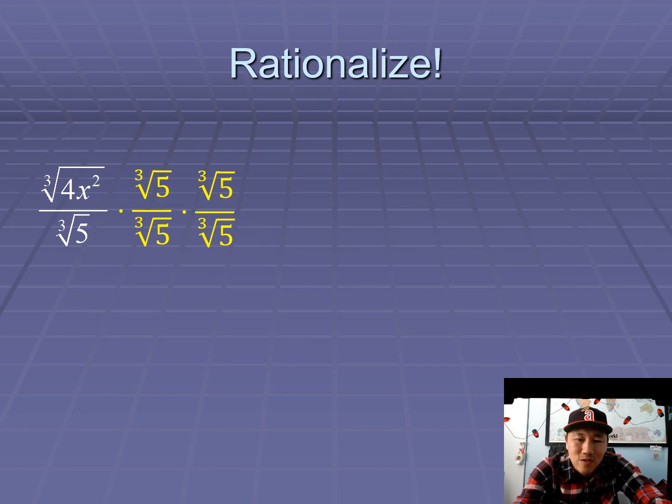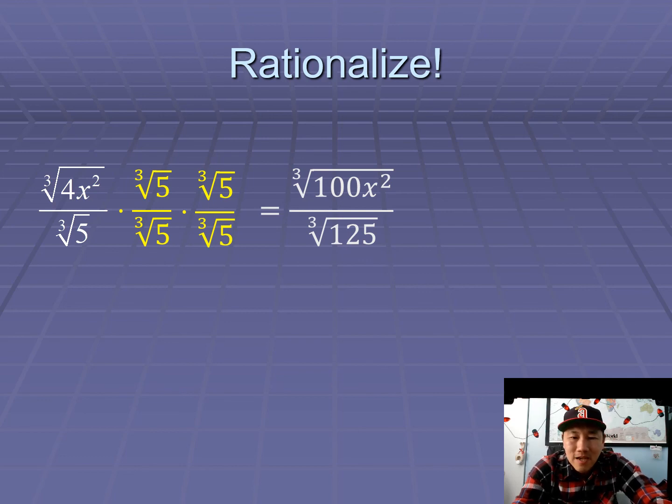But yes, you have to do it twice. And if you multiply it across, the 20 times the 5 times the 5 is 100x squared. And then the bottom, the 5 is 125. And guess what? The 125, when you cube root it, it's just 5. So that's it.